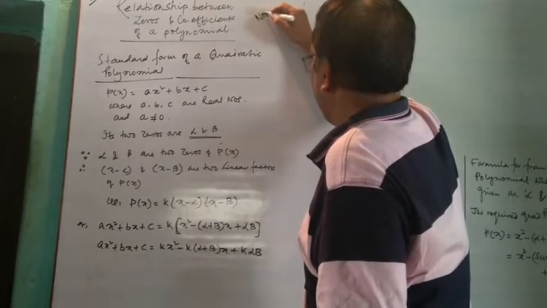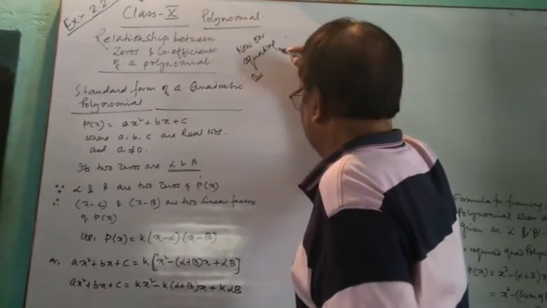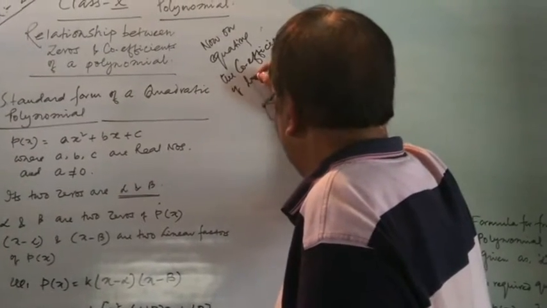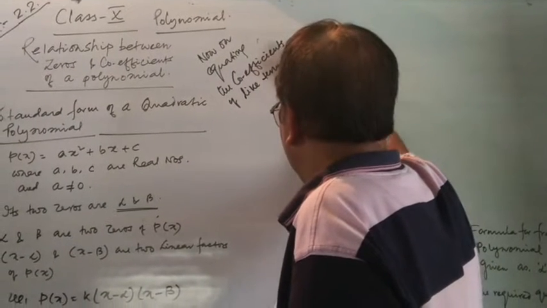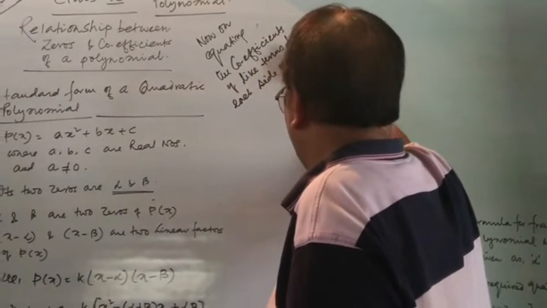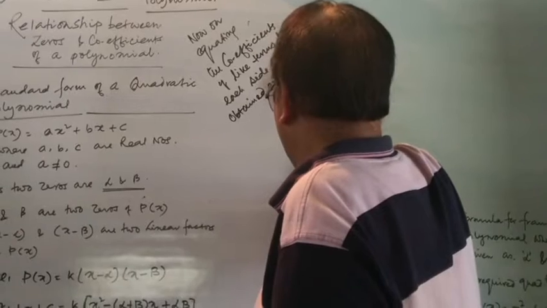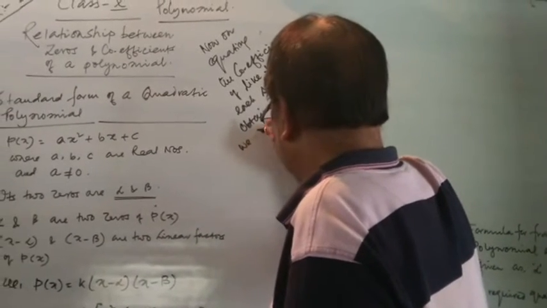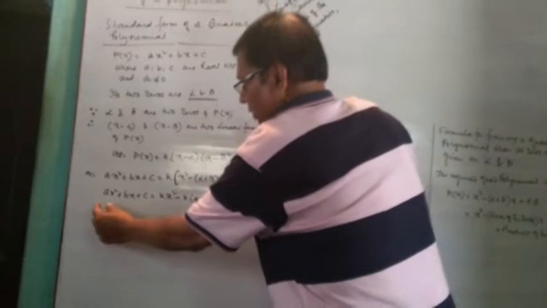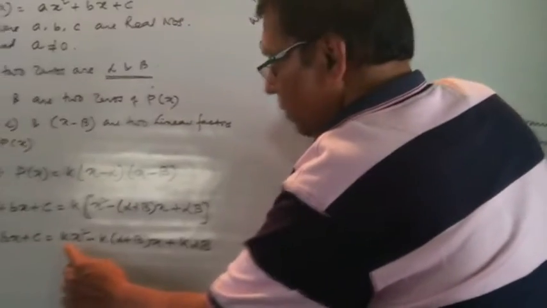Now, on equating the coefficients of like terms from each side of the obtained equation, we get a equals k, because here it is ax square and this is kx square, so its coefficient a will be equal to k.